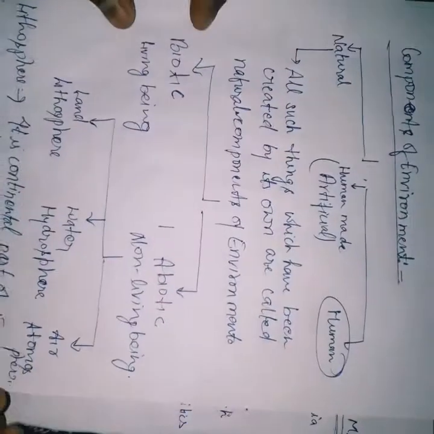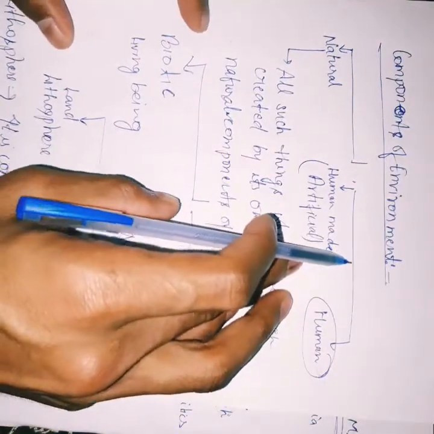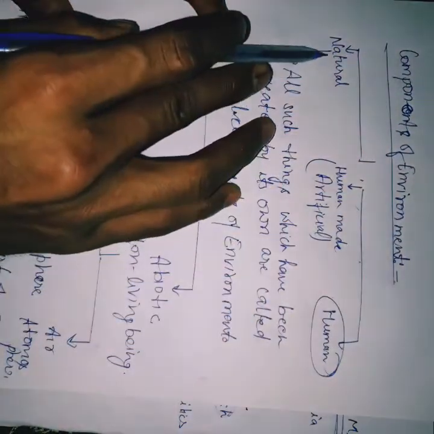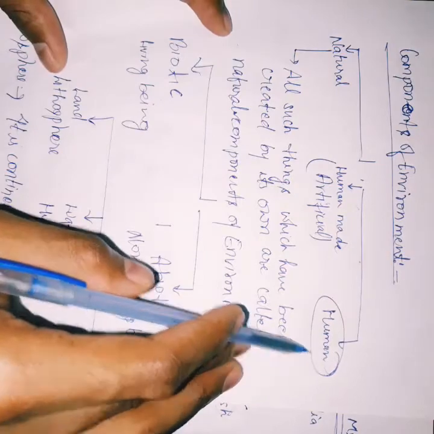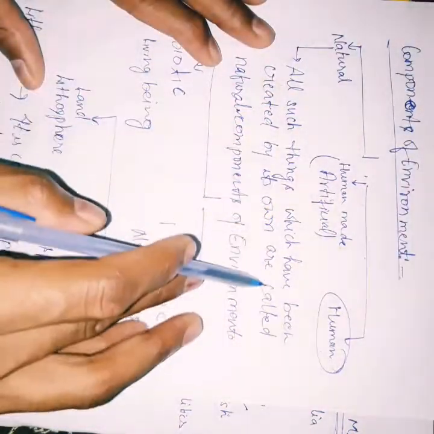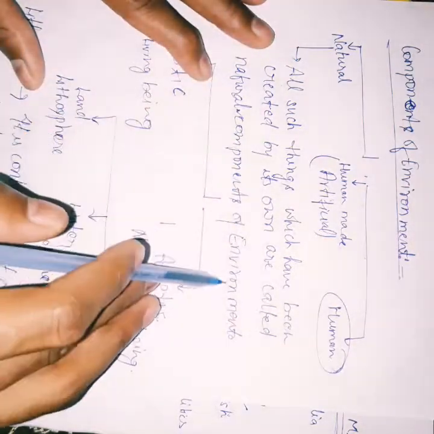Moving forward, now we will see in detail the components of the environment. I have told you they are natural, human made, and human. Such things which have been created on their own are called natural components of the environment.